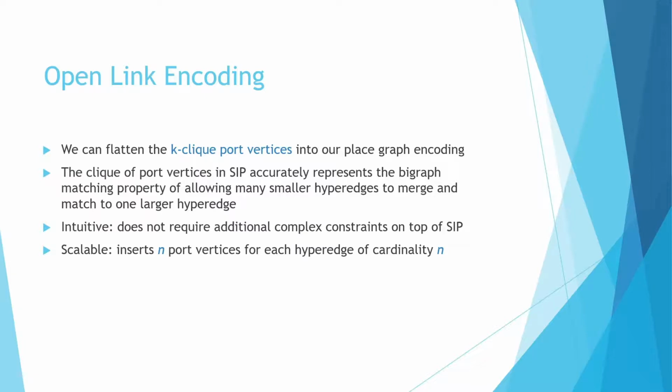This is intuitive because we're not requiring any more constraints on top of the SIP behavior. We just need to accurately change the input, and the SIP solver will do the rest. It's also fairly scalable for representing hyperedges, as we are only inserting n port vertices for every hyperedge of cardinality n. So we're not really expanding the problem space that much through this encoding.